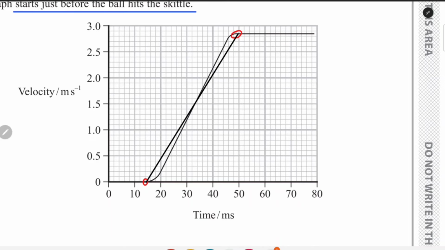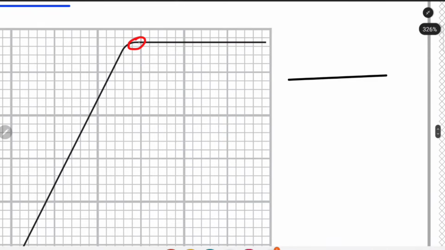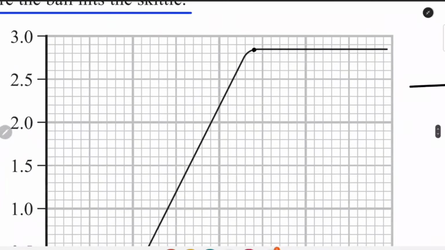The gradient of this line over here, let me do it in a different color. Something like this. The average acceleration would be the gradient of that line. So it starts somewhere over here. So let me consider this point.